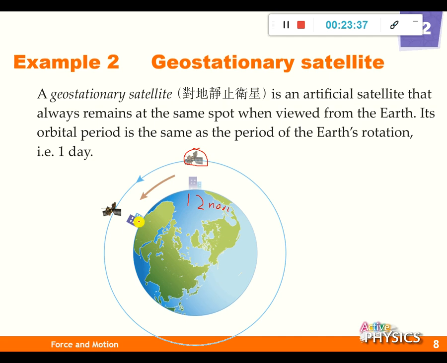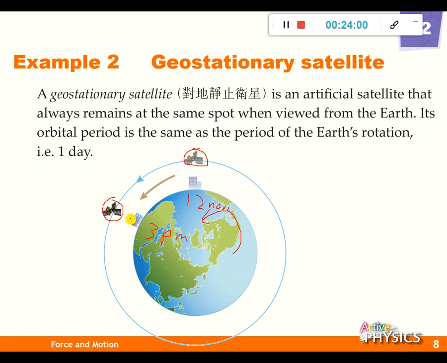For example, this one, 3 p.m. Then what will happen? The Earth will rotate like that. Rotate to here. The time may be 3 p.m. And how about the satellite? The satellite will move to here. Also it spends 3 hours to get here.